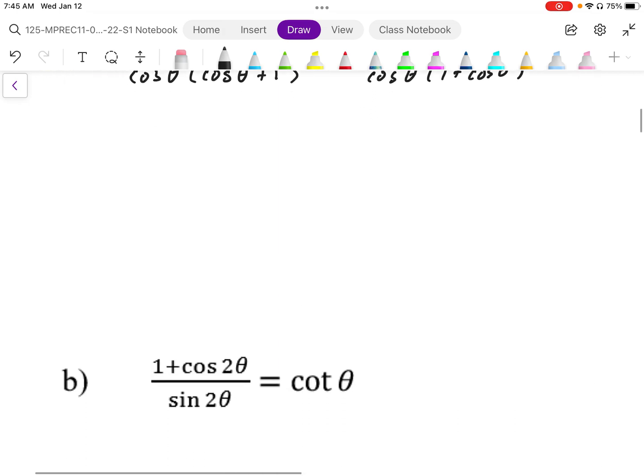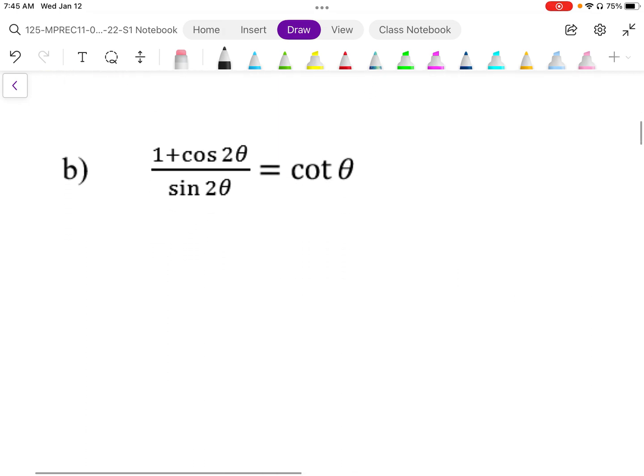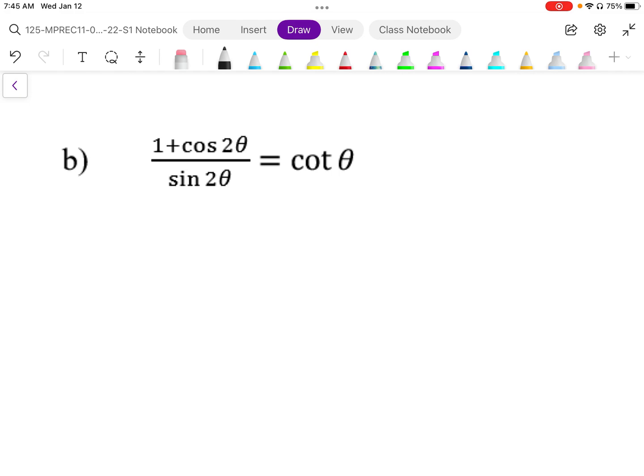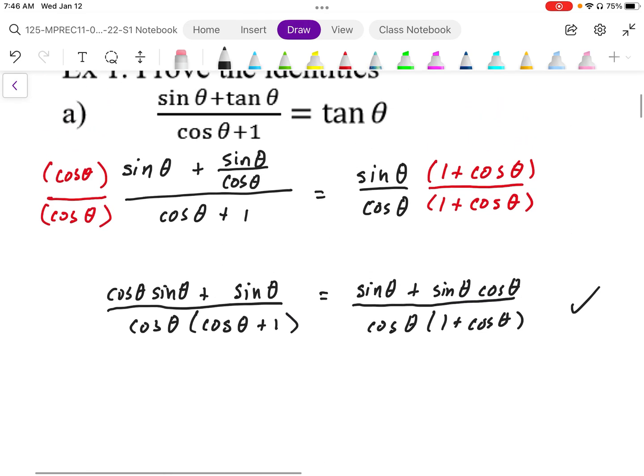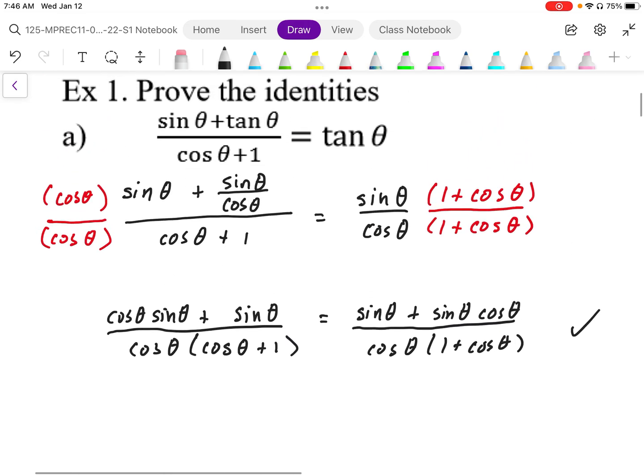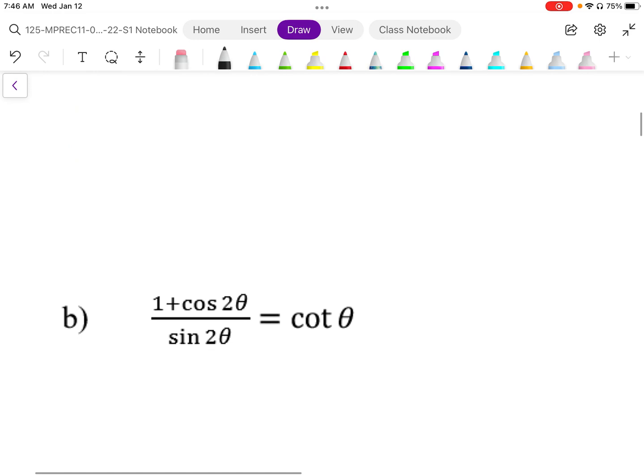The one thing we don't want to do is come up with some new identity, make something up that doesn't work. As soon as you do that, you've gone from an identity that could be proved to one that can't be proved. So you have to be very careful. Don't make up a new identity that doesn't exist.